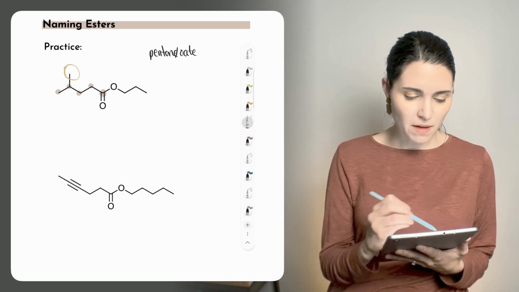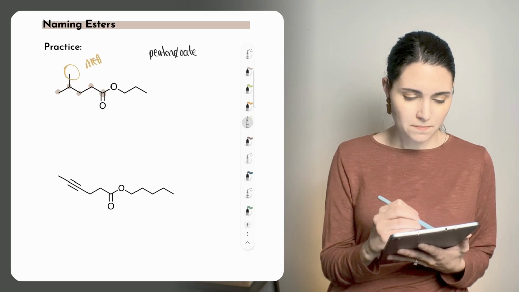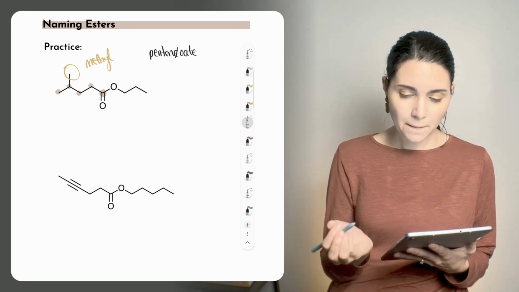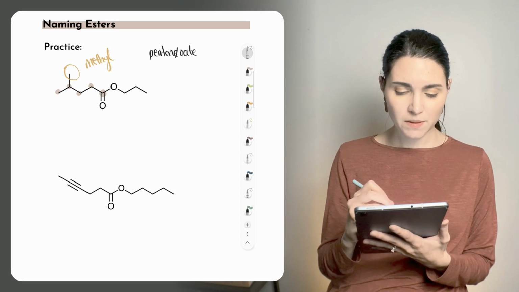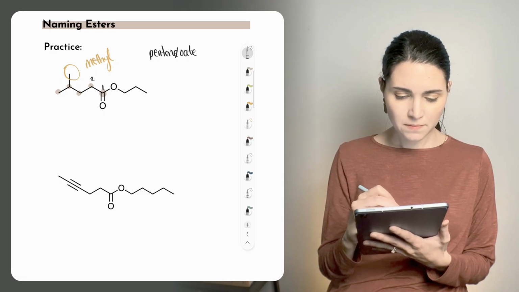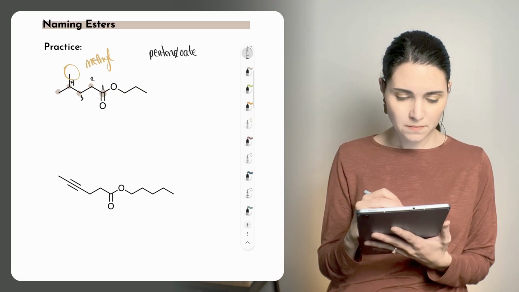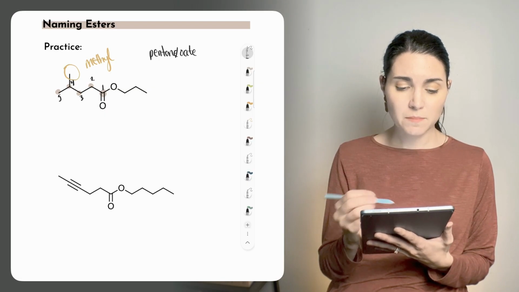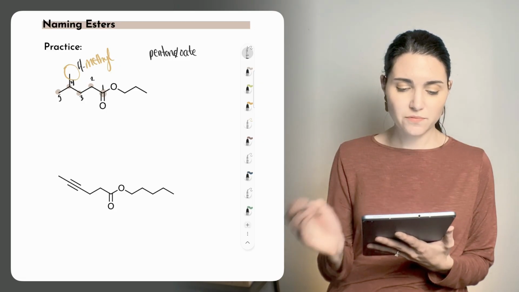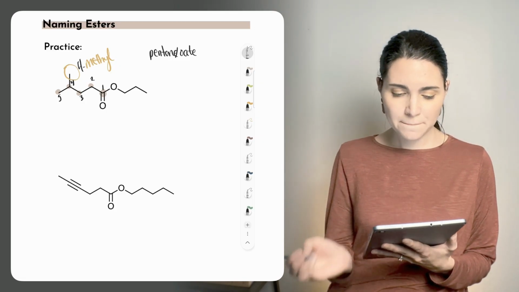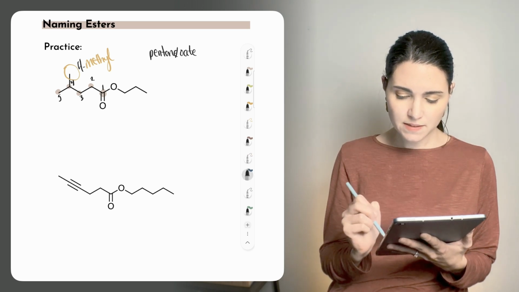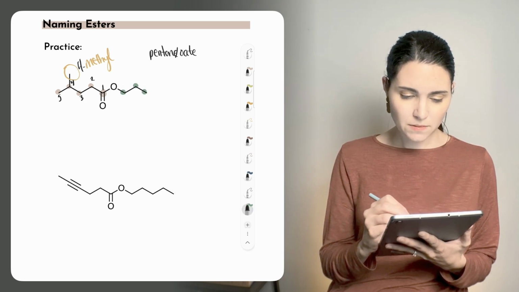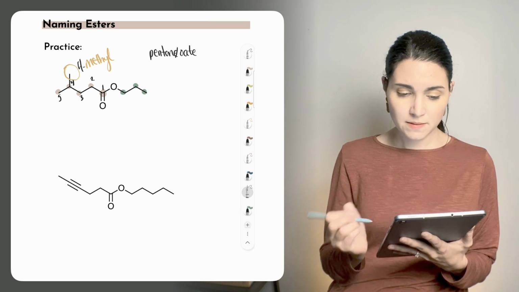We'll look for substituents on the parent. So we've got a methyl there. And we can number our parent based on the carbonyl being 1. So that means our methyl is on 4. So it's a 4-methyl substituent. And then the alkyl part of the ester has 1, 2, 3 carbons.